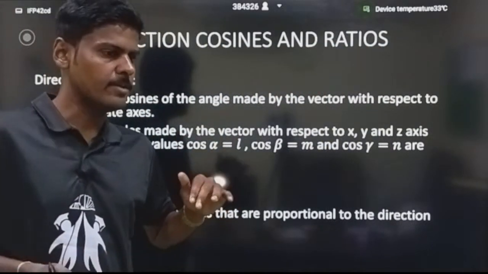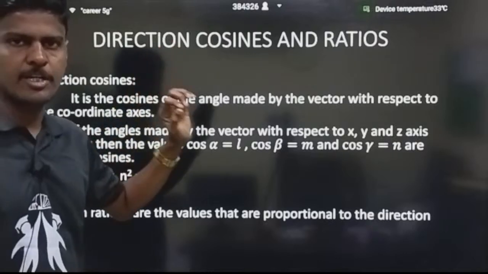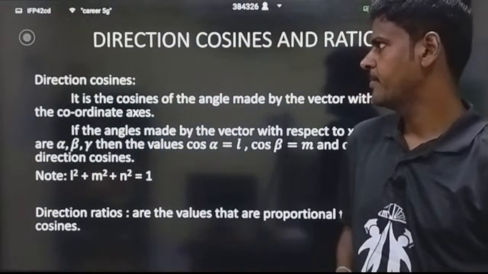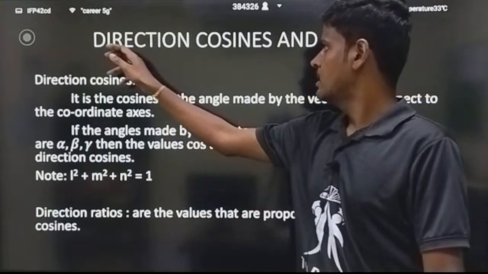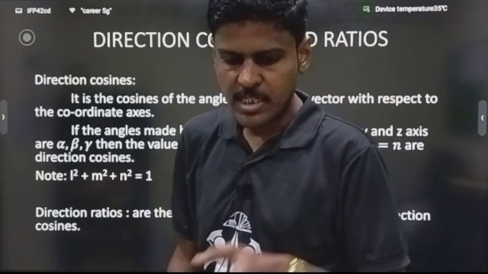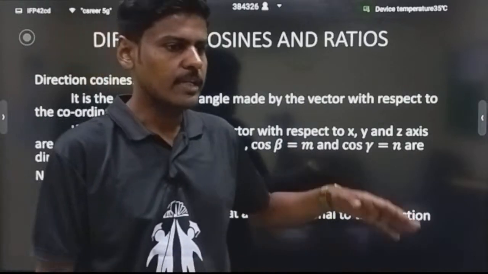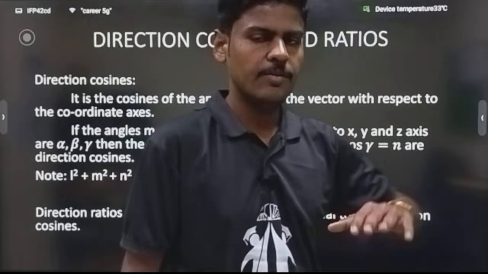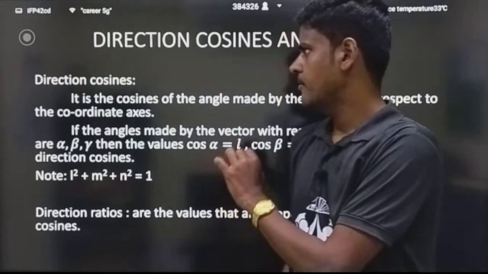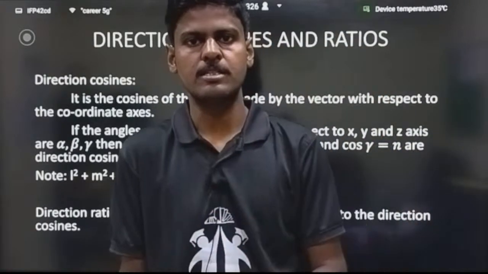Before going to this topic, we need to know basic definition of two terms. One is direction cosines and direction ratios. As the name suggests, this is a direction. Now what does direction mean? In 2D plane geometry, we learnt about angles. In 3D, we don't talk about angles as such.